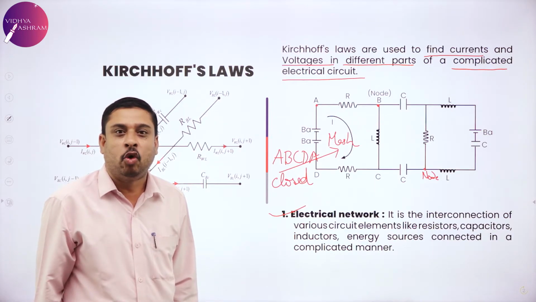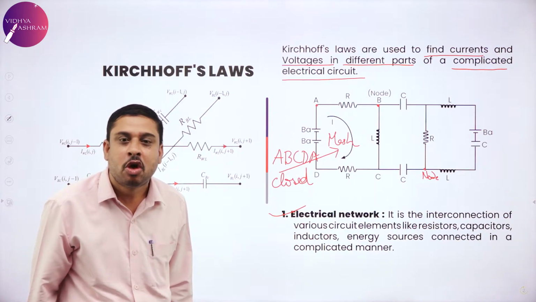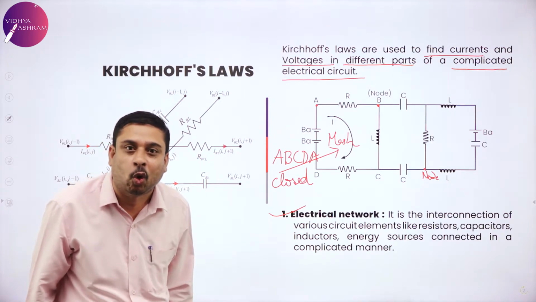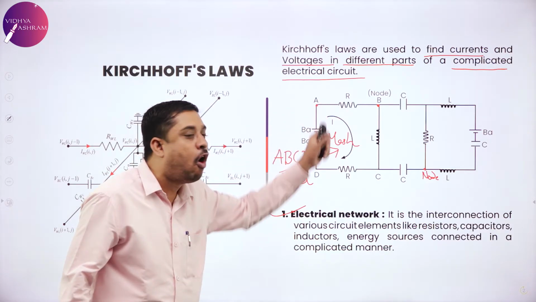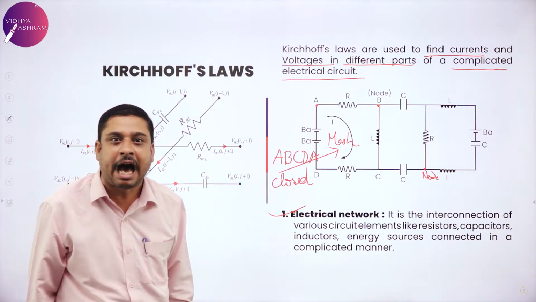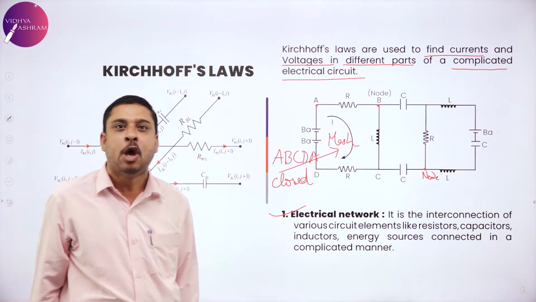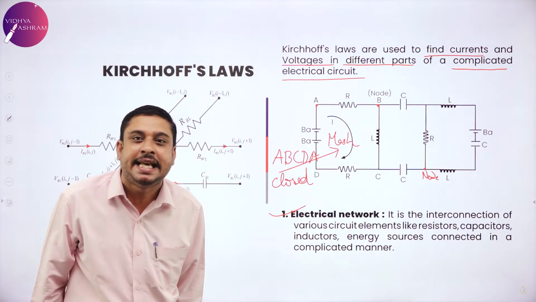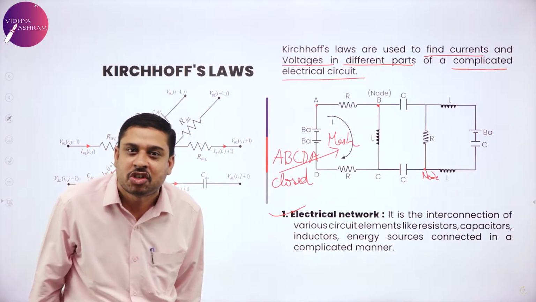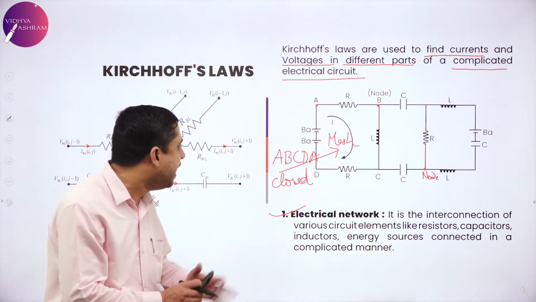So, in an electrical network, a mesh or a loop is a closed path for the flow of electric current, and any network analysis will happen with reference to these three definitions. My good friends, what was the first one?